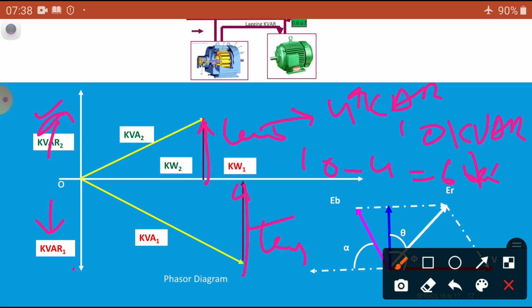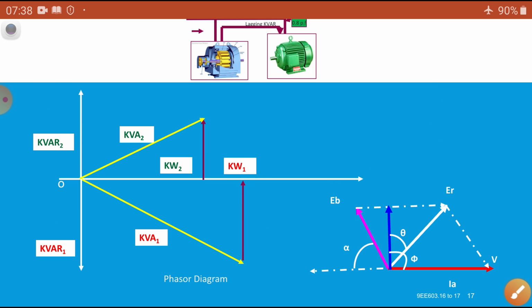That means whatever the 10 minus this 4 value, the remaining value is going to this value instead of this value. That means here it changes. You can see it. Now if we connected the synchronous motor along with the induction motor, we are going to get two power triangles, one is kVA1 and the other kVA2.